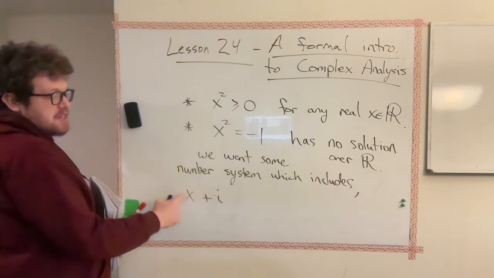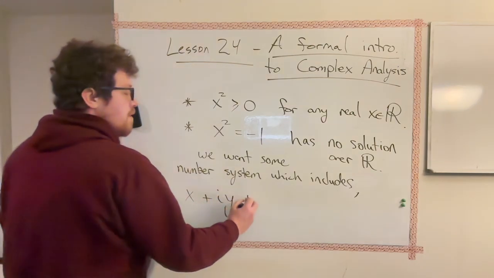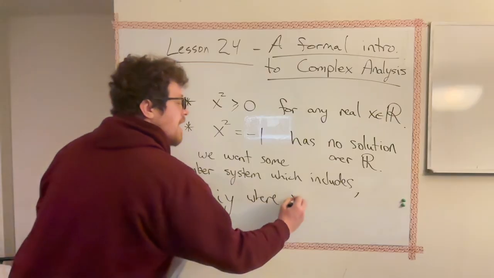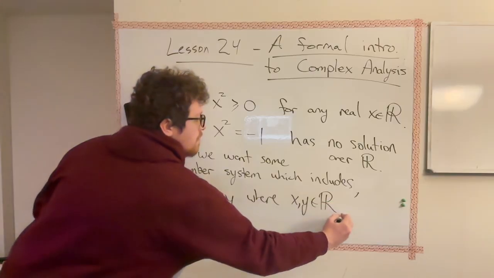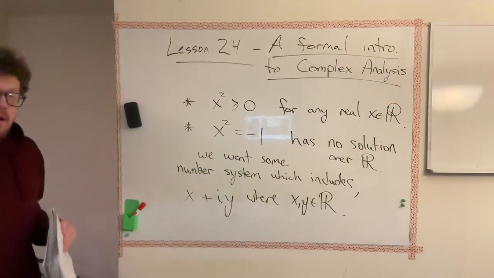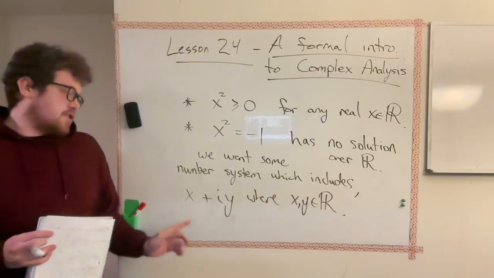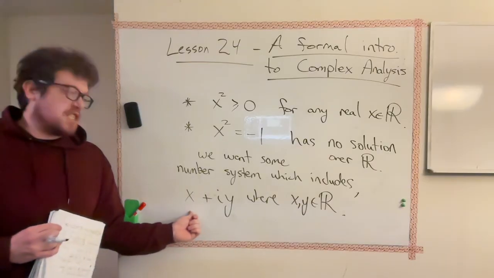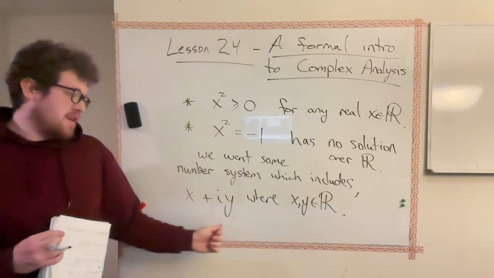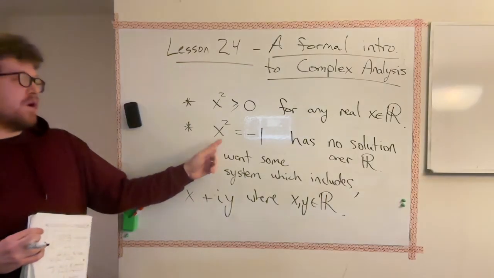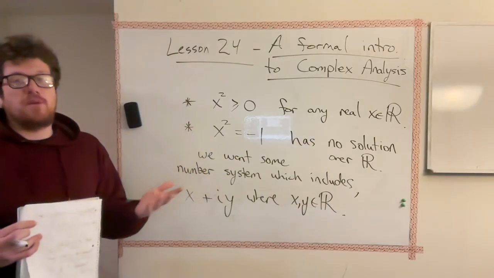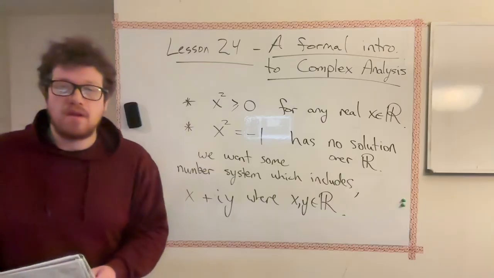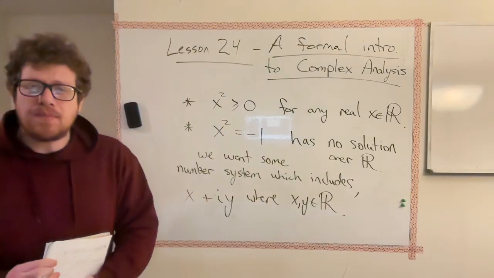So any x plus iy where x and y are real numbers. You can think of it as a two-dimensional vector space. We're just adding a new basis element, which is one of the roots of this equation. It's either i or -i, but of course we just pick i out of convention.